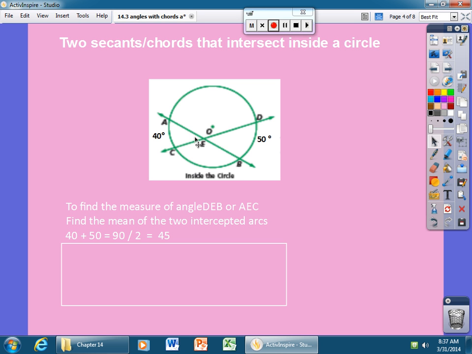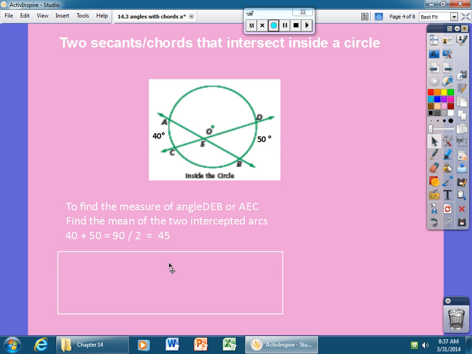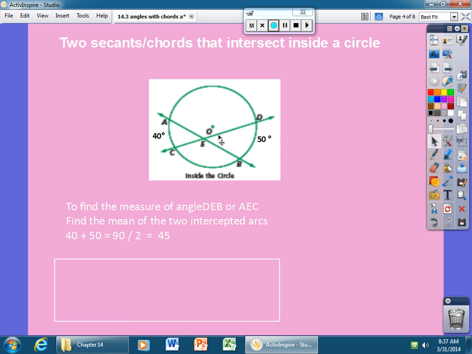And since I know that those are 45-degree angles, I also know that this one is a 135-degree angle, in case that's part of the question. So that's all I have to do to find the measure of either this angle or this angle over here. So that's whenever the chords intersect inside of the circle.